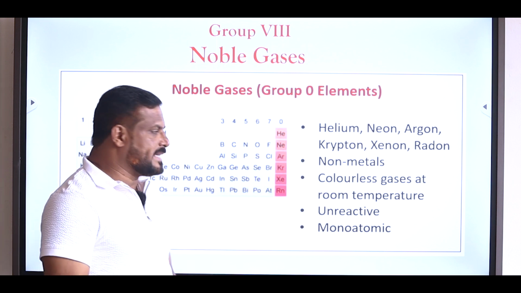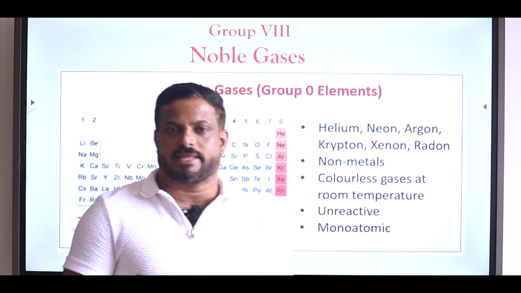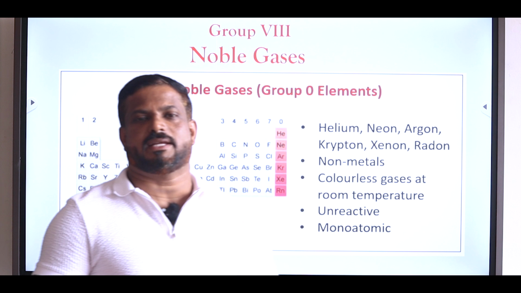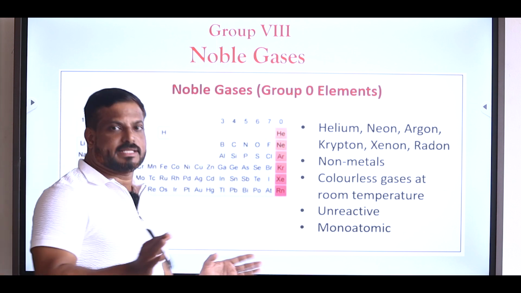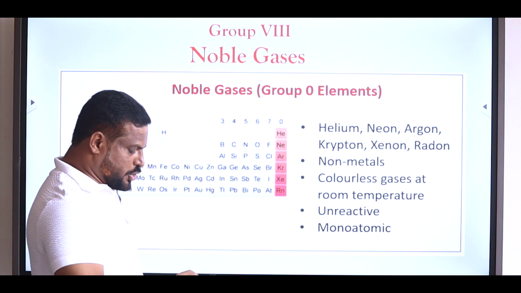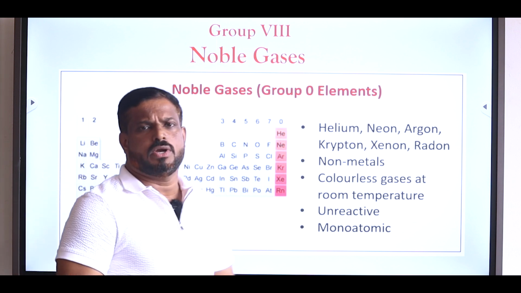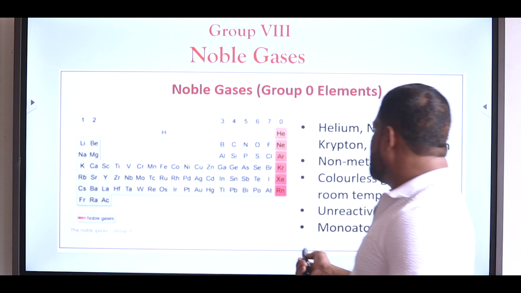They are colorless gases at room temperature. They are unreactive because their outermost shell is completely occupied. That means they always have an octet, the number 8 on the outermost shell. And they are monoatomic because they do not take part in any reaction, as their outermost shell is already completed.